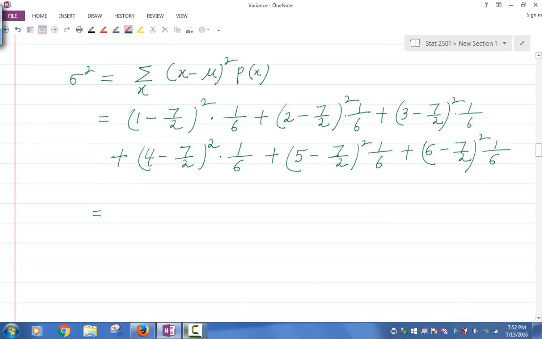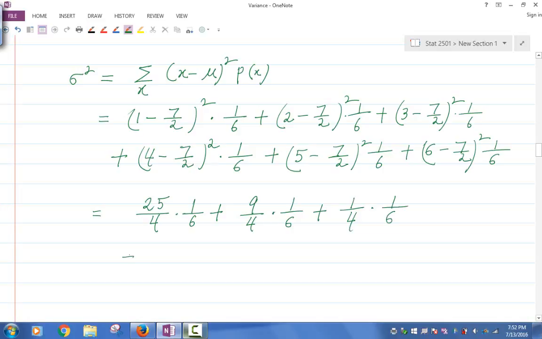And at this point we can use our calculator to calculate this sum, but what I'm going to get is the following. The first term would be 2 minus 7, so that's minus 5 over 2, so 25 over 4, times 1/6. The second term would be 4 minus 7, that's minus 3, so 9 over 4, times 1/6, plus 1/4 times 1/6.